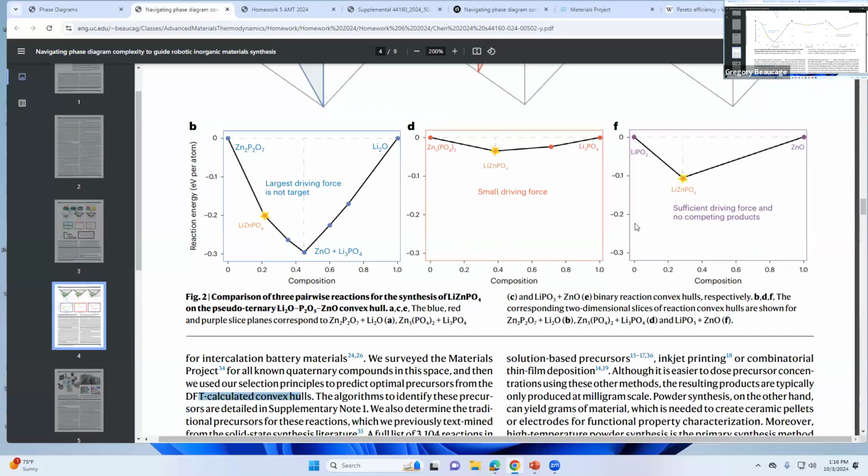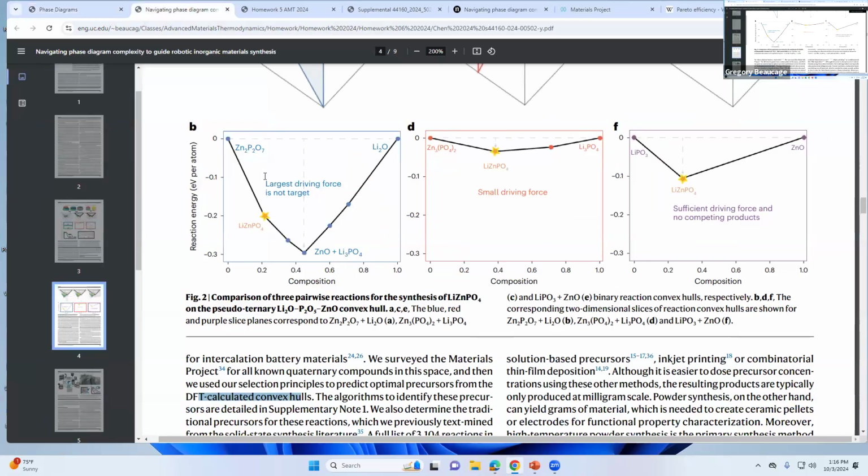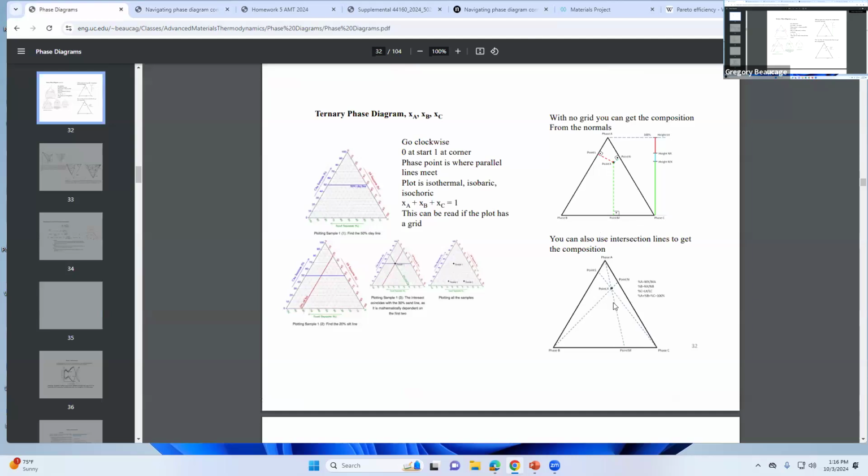So there's like 3 ways to determine the composition. You can do it this way with the normals. You can do it with this vertex kind of way. Or if you have a scale on it, but you can see he doesn't have a scale, right? So you're on your own here. If you want to know what the composition is at the yellow dot, you could go from the vertex through the dot over to the other side and get the lengths of the line segments, and then you can use the line segment method.